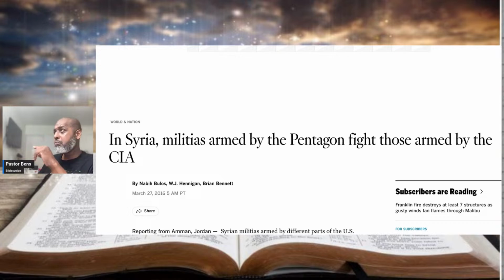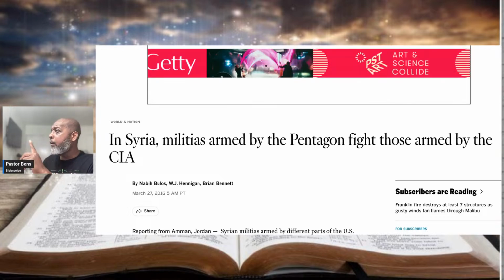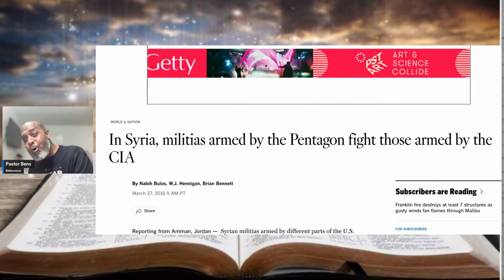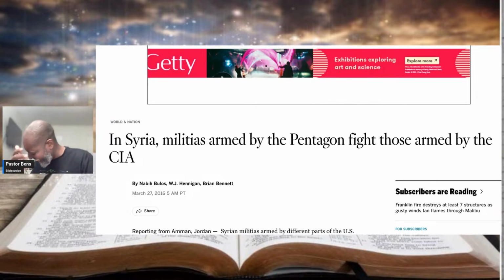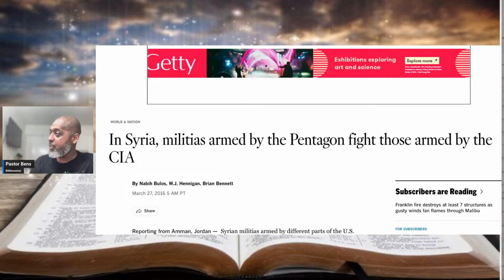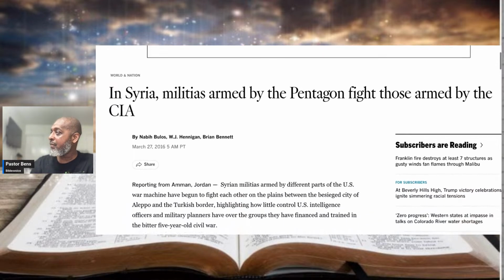In Syria, militia armed by the American Pentagon fight those who are armed by the CIA, by the American CIA. You can't make this up. Oh my God. Guys, you cannot make this up.